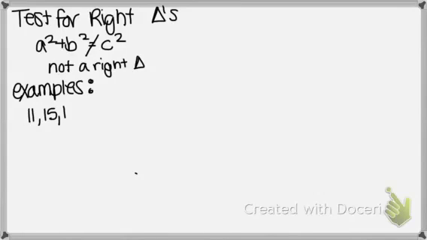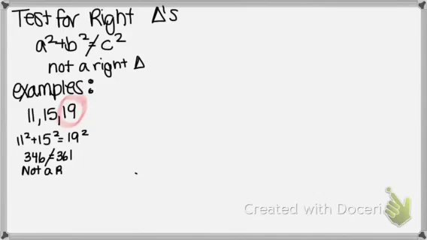So if we're taking a look at 11, 15, and 19, 19 is our largest number. So 11 squared plus 15 squared equals 19 squared. When I plug this into my calculator, I get 346 equals 361. That is false. So this is not a right triangle.